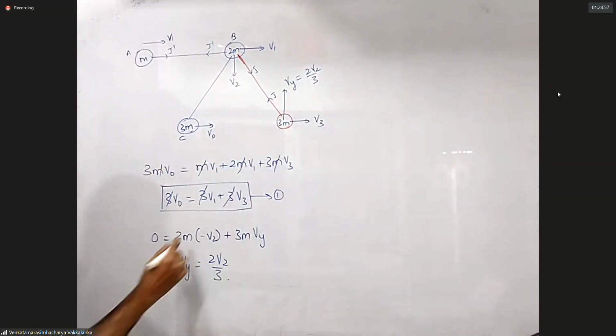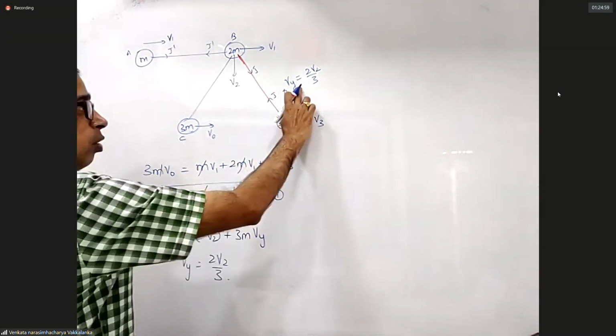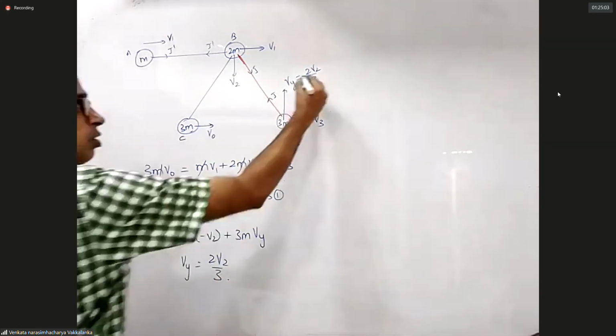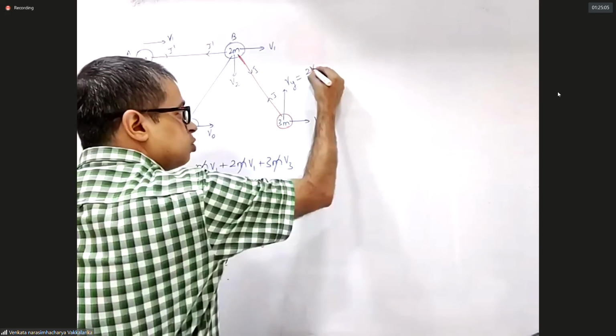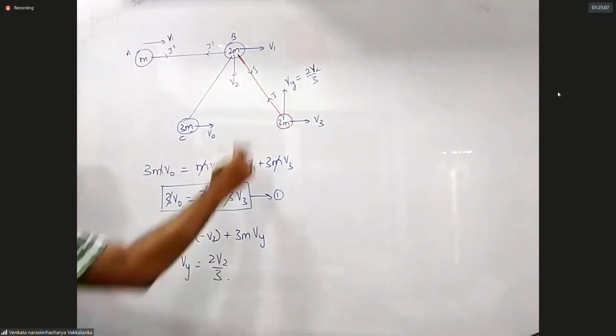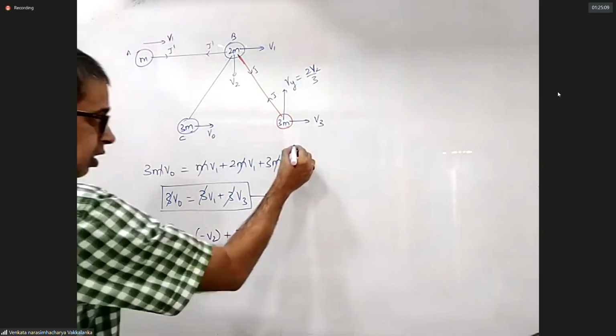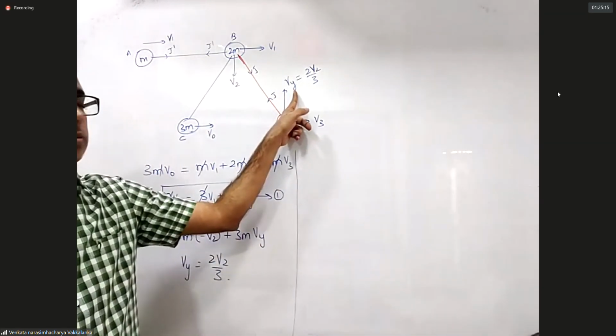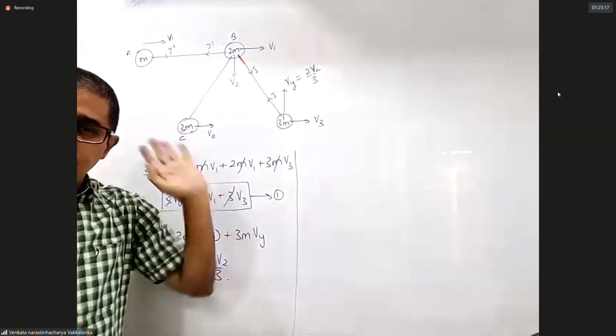I will not take this as the second equation. I already incorporated this vy in terms of v2, so I will take this velocity as 2v2 by 3. I will not count that as a second equation. So vy is not a variable for me. I eliminated that variable.